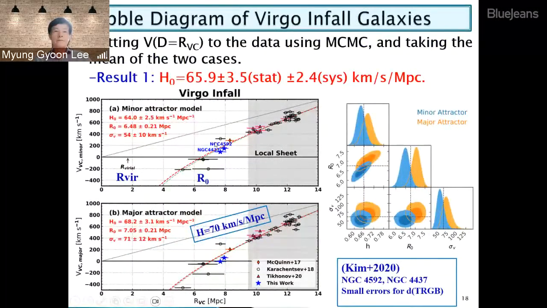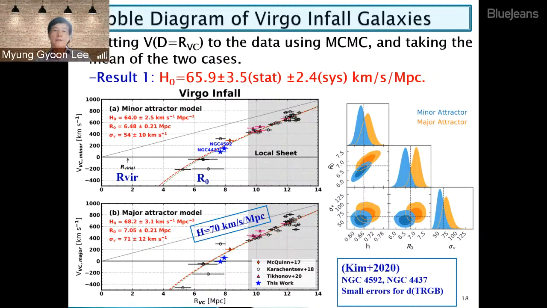So this diagram shows a Hubble diagram, Virgocentric velocity versus Virgocentric distance. The data follow these curved lines, and the solid line is a Hubble constant line for 70 or so.